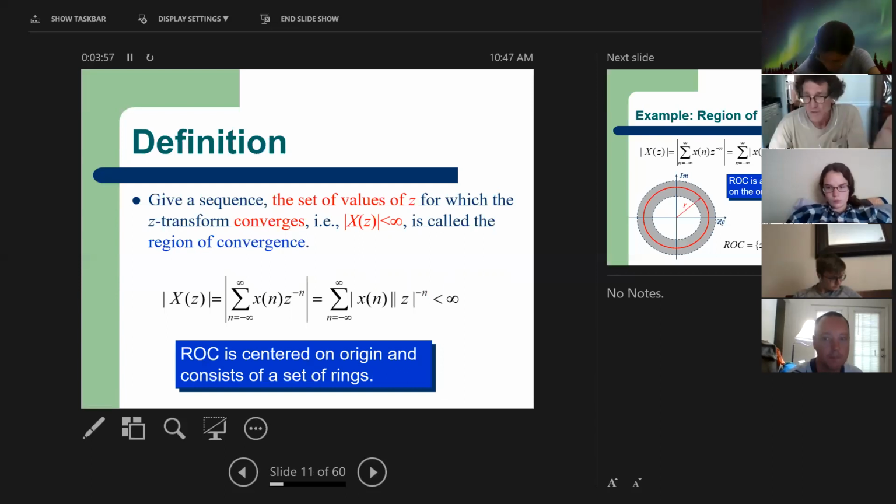A pole is a value of s that makes the function X of s go to infinity. When we look at the pole-zero constellations with Laplace transforms, any poles in the right half plane meant the system was unstable. Do you recall that?